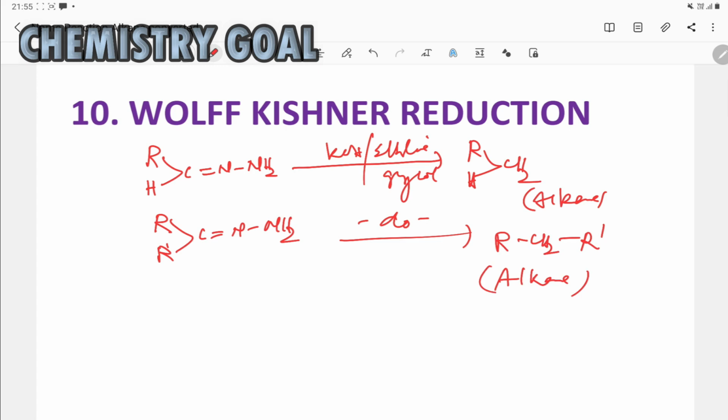It is a very important specific reaction in the preparation of alkane from aldehyde and ketone using the hydrazone derivative. This is called hydrazone. The hydrazone derivative of aldehyde or ketone, when it reacts with potassium hydroxide and ethylene glycol, forms alkane. This reaction is called the Wolff-Kishner reduction.